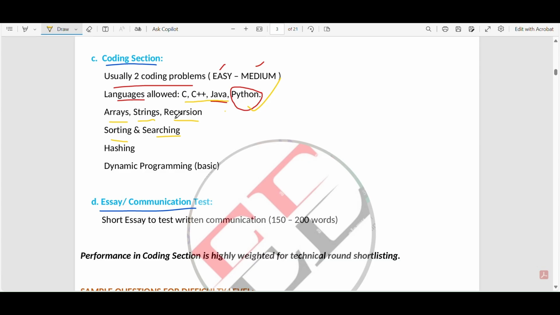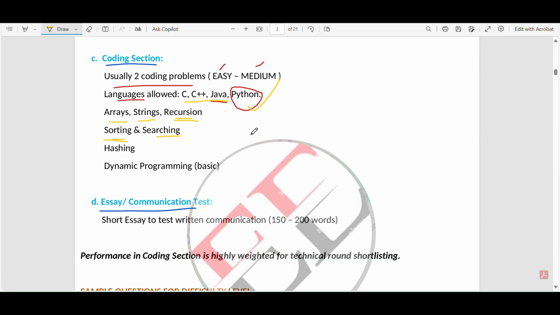In recursion, you use recursion to do something like addition of the elements of an array. And in sorting you have sorting techniques like merge sort and quick sort.